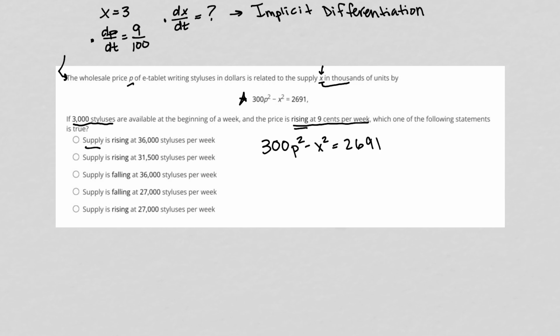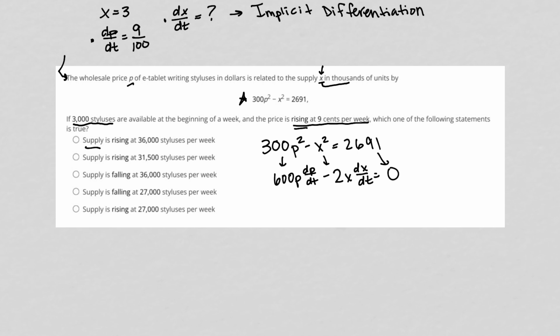Let's differentiate implicitly. Using the power rule, this would become 600p dP dt. And then the power rule here, this becomes minus 2x dx dt. And the derivative of a constant is always just 0.